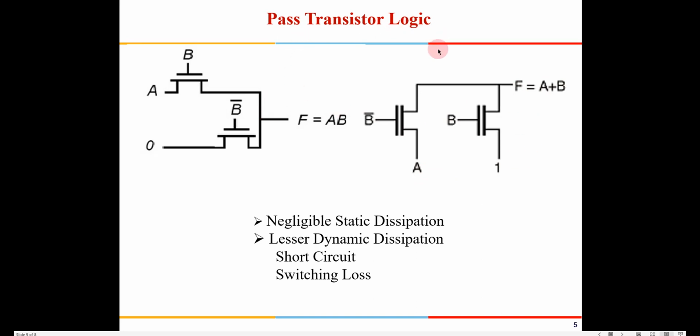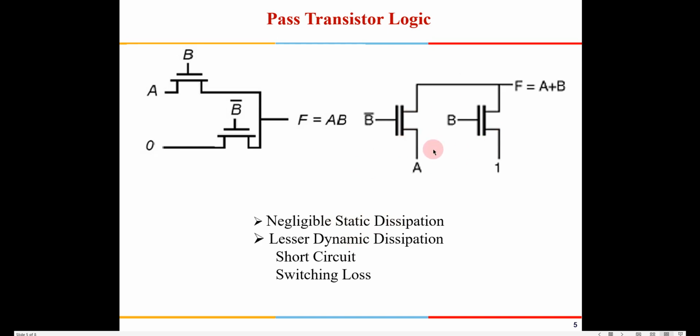Now these pass transistor logics have certain advantages over the static design. One is negligible static dissipation. If you see the CMOS circuit, there will be a path between VDD and ground because of the leakage currents in the PMOS and NMOS, even though they are switched off.